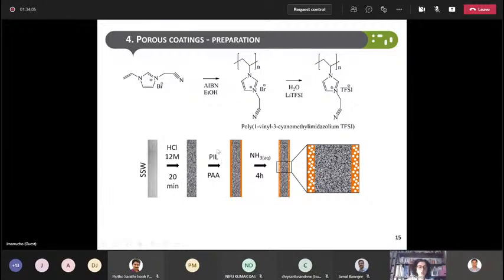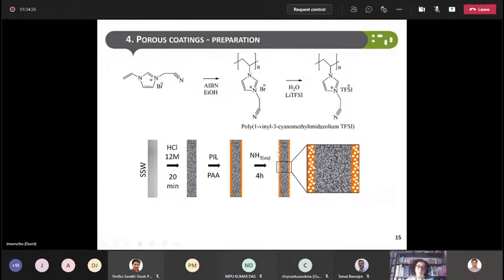Then we had a mixture of our polymer, the polymeric ionic liquid, and the polyacrylic acid, and we just dip coated our fiber. Then we placed this fiber inside of an ammonium solution in water, and this ammonium solution changes the polyacrylic acid from the neutral form to the charged form and desorbs it from the matrix to the water.